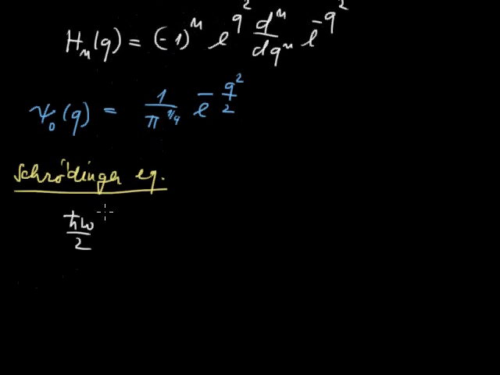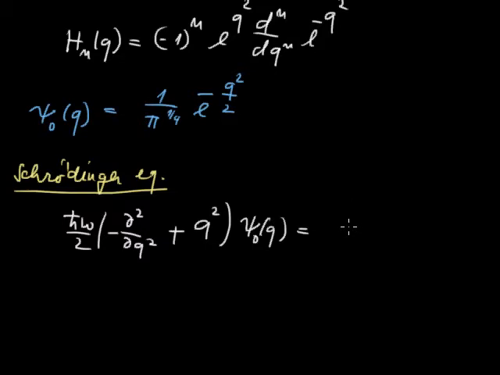There was a square of the impulse or momentum plus q squared, and we should act with this on psi 0 of q, and we should get the ground state energy and psi 0 of q back.